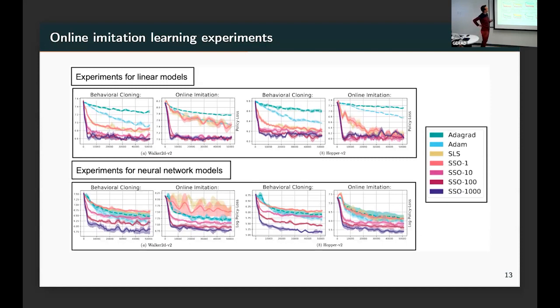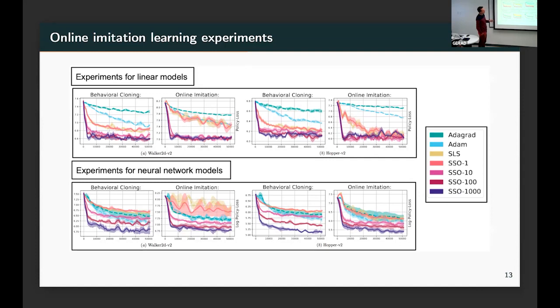So this is an imitation learning experiment. You have an agent that we're trying to mimic, and what we compare: you have AdaGrad, Adam, SLS, which is stochastic line search. The first three are in theta space. The last four are in function space.